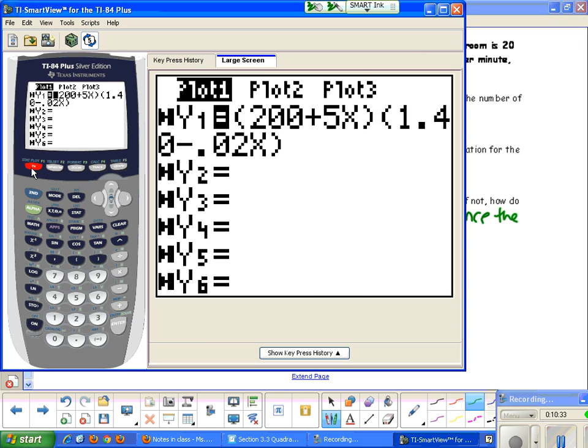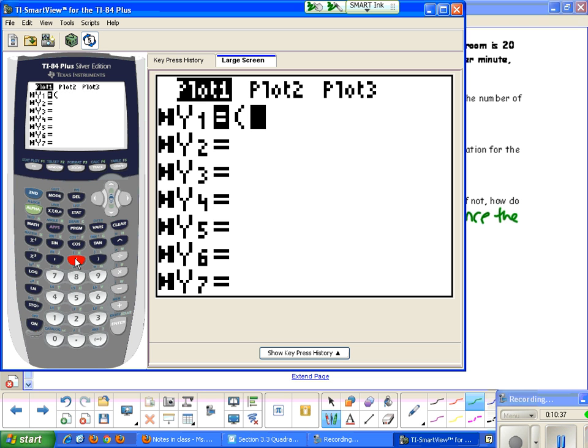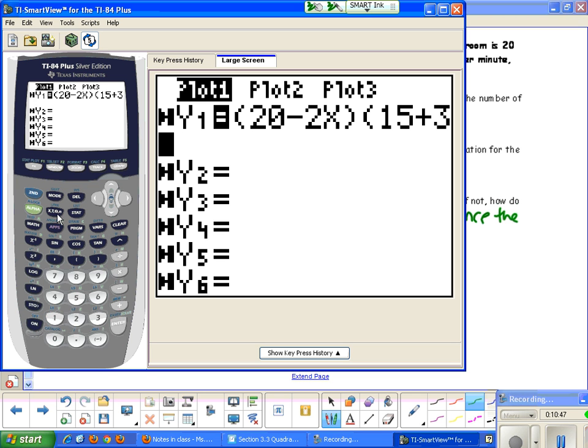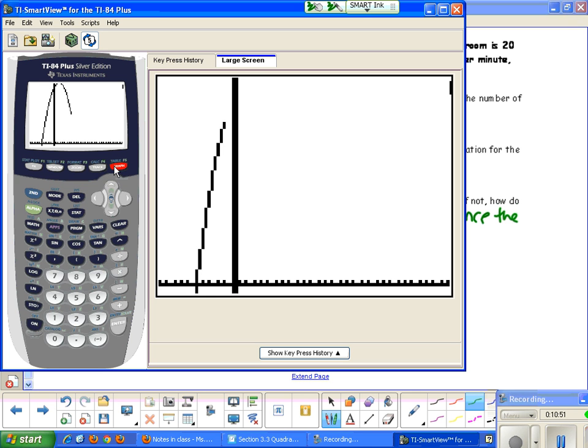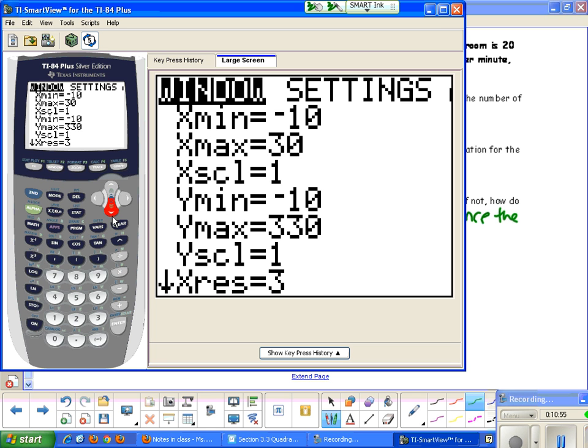So in my y equals, I'm going to clear this. So 20 minus 2t, or 2x in this case, times 15 plus 3x. And then if I hit graph, I need to go a little bit higher in my window, so let's go to maybe 400.